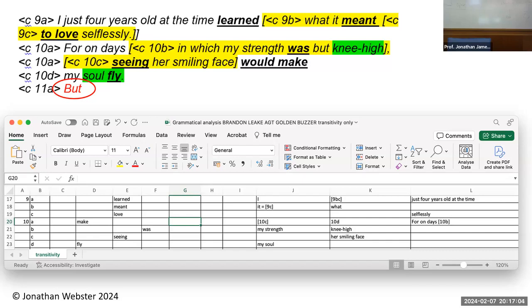But I think that the choice is significant here. It's not the verb to be. Now I would take the what it means. It means it has a sense. And that sense is something that you know.